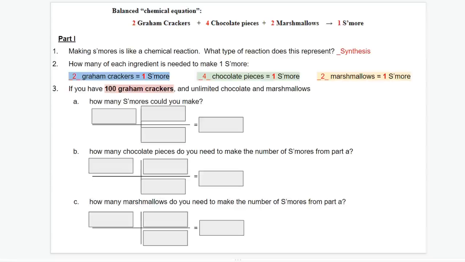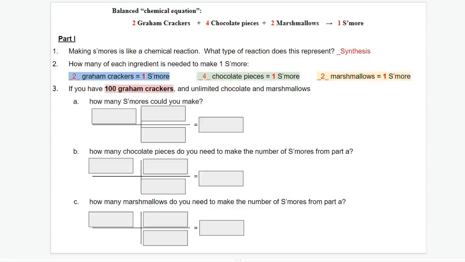a completed s'more. Question 2 asks us, how many of each ingredient is needed to make 1 s'more? Well, we need 2 graham crackers will equal 1 s'more made. 4 chocolate pieces will equal 1 s'more made. And 2 marshmallows will be equal to 1 s'more made.